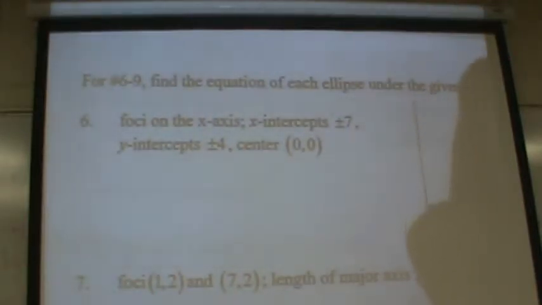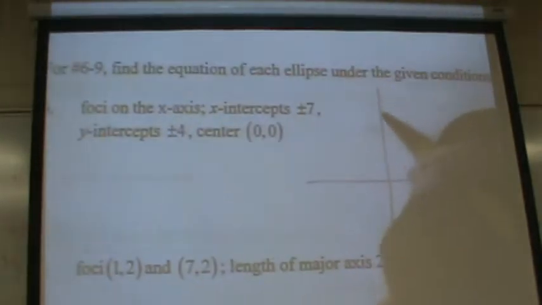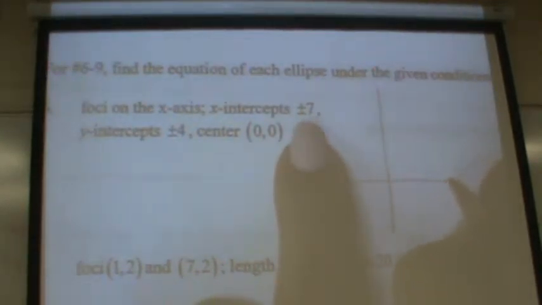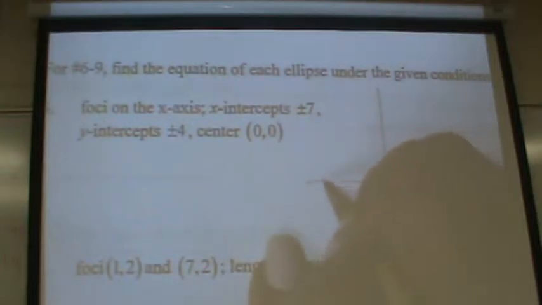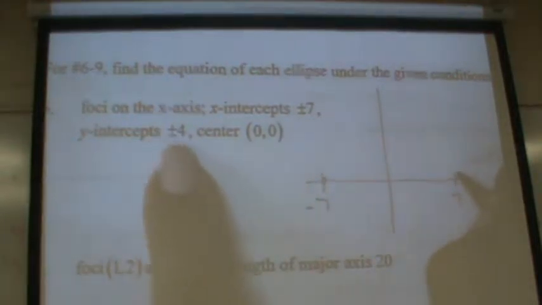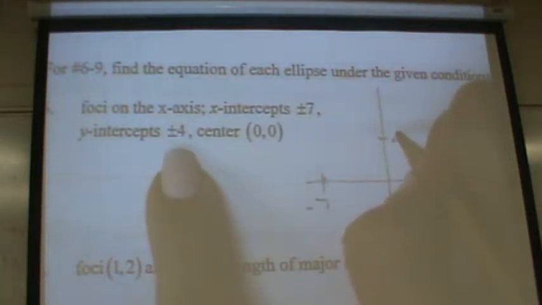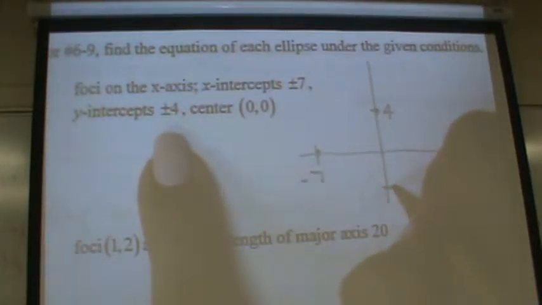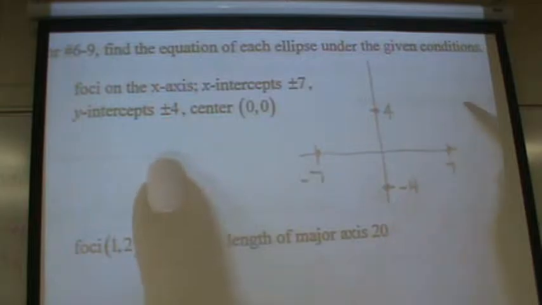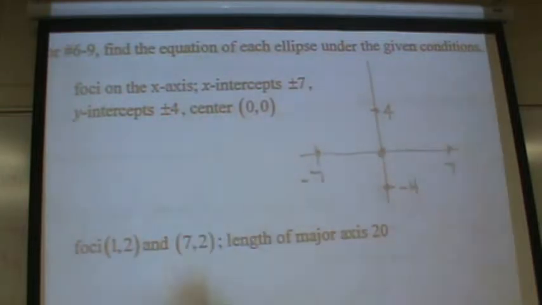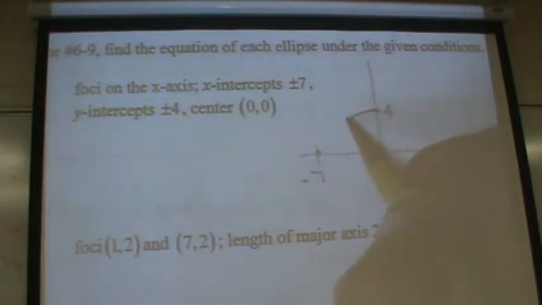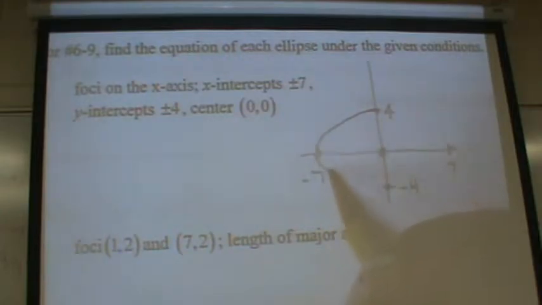Just sketch a little graph. Where is 7? Right there. -7. Where's 4? And where's -4? Right there. So your center is 0, 0. So this is no longer a circle, right? It's an oval.